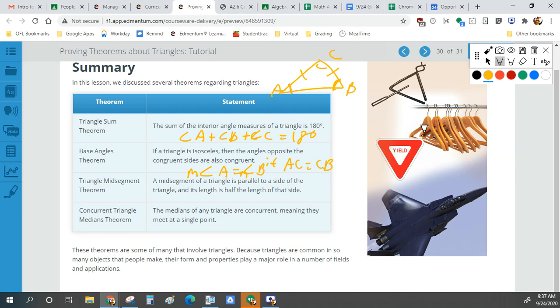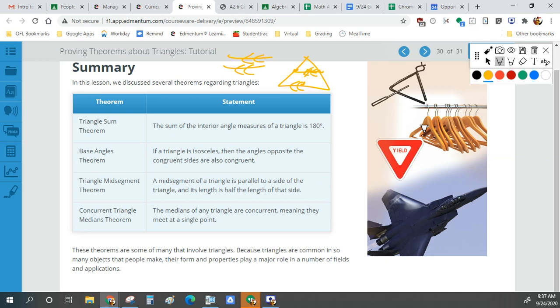The next one is the mid-segment theorem that says that a mid-segment of a triangle. So if we have this triangle, these are our midpoints. It says that this segment is parallel to this side. This is the sign for parallel lines. You kind of do these two little arrows.